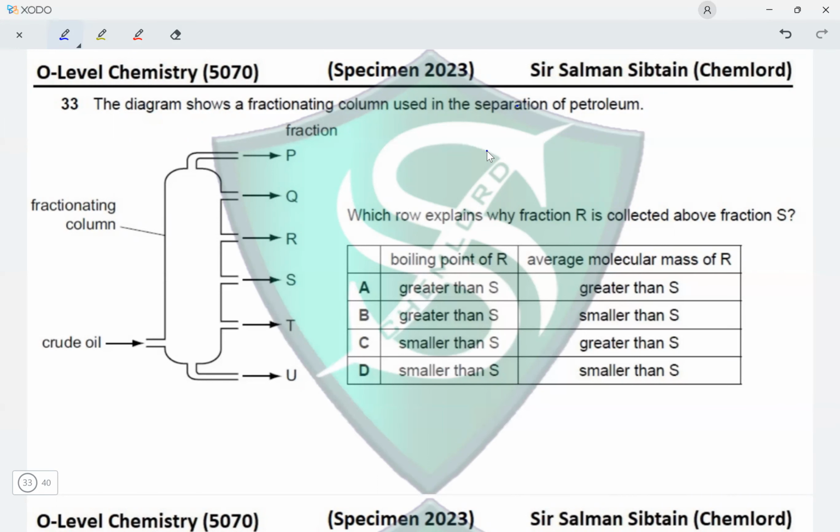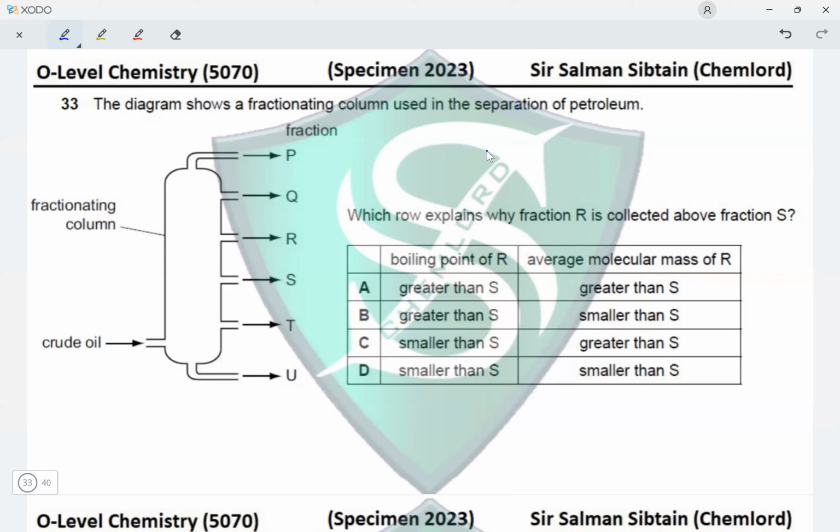How? The fractions with the lowest boiling point and the lowest MR are collected at the top of the fractionating column, and those with the highest boiling point and the highest MR are collected at the bottom. So, as the boiling point increases, the fractions are collected down in the fractionating column, and as the MR increases, they are collected down in the fractionating column.